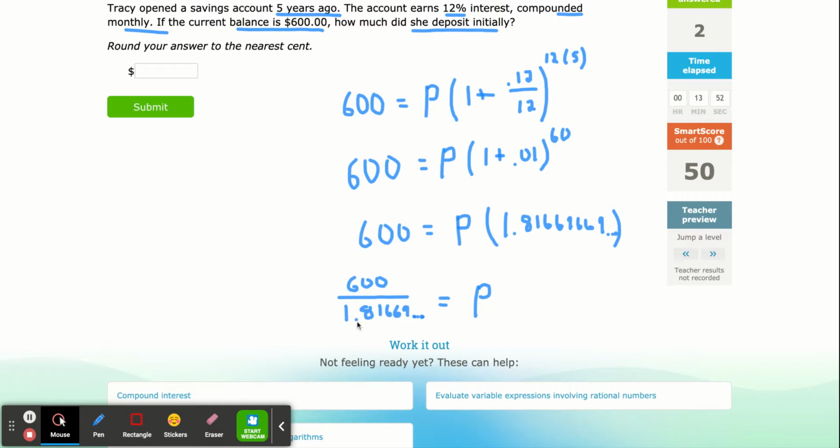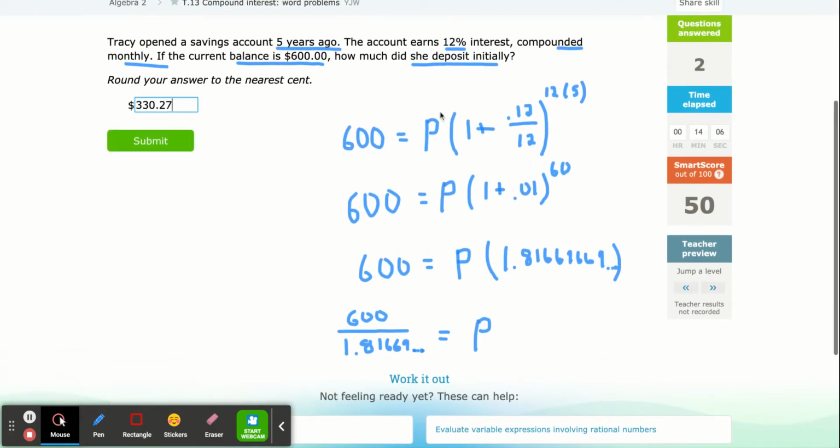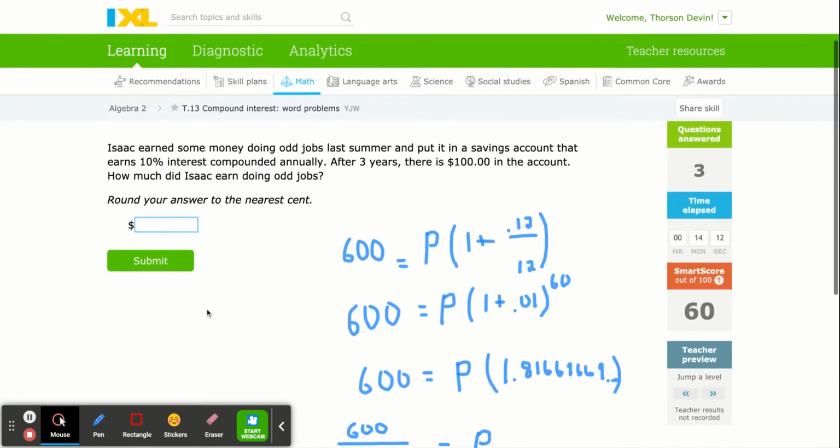So 600 divided by the 1.8166, and I get a value of $330.27 is what she started with. But again, it's just solving an equation. It's plugging in the values we know. So if you needed to rewind and rewrite down that equation so you know what to rewrite, by all means do so.